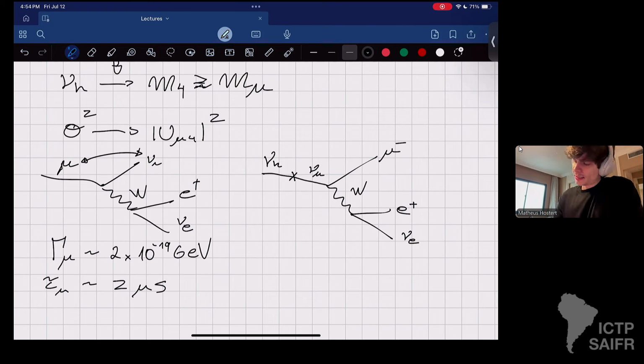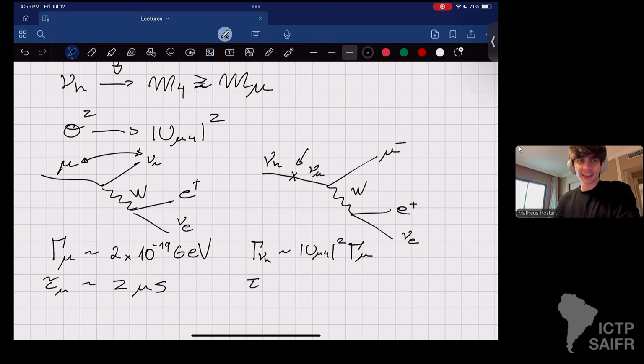And now the decay width, which you can calculate for nu h, you can basically estimate it by guessing that everything is basically the same, the same mediator particles enter, the structure of the diagram is the same. So this is roughly just U mu 4 squared, which entered here, times gamma mu, the muon width.